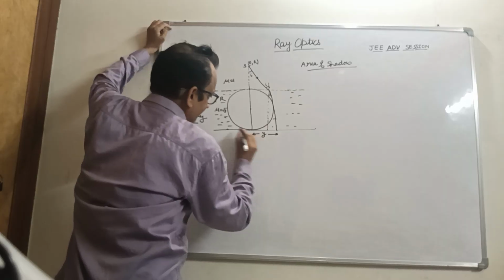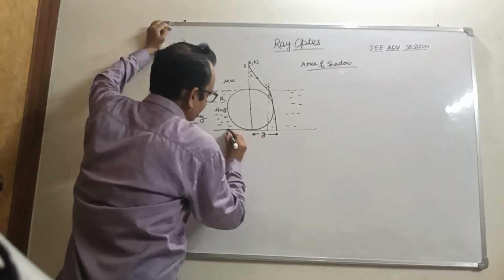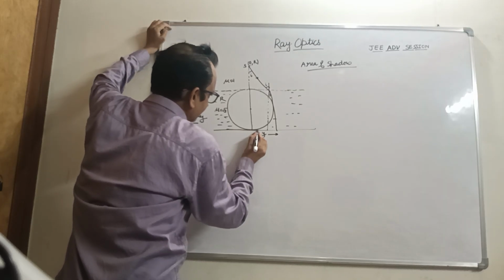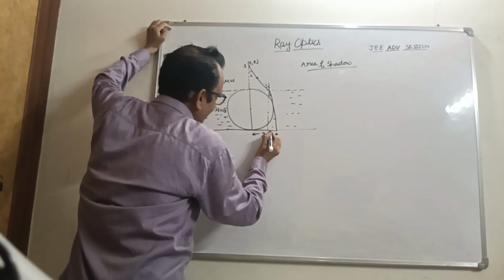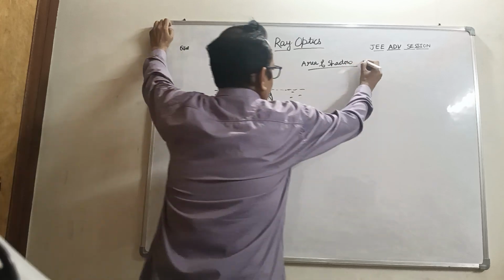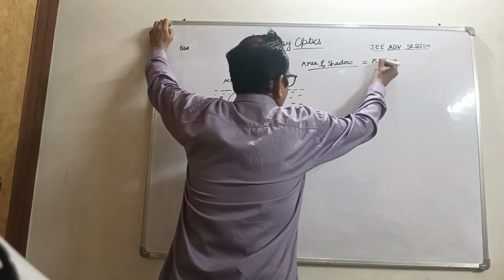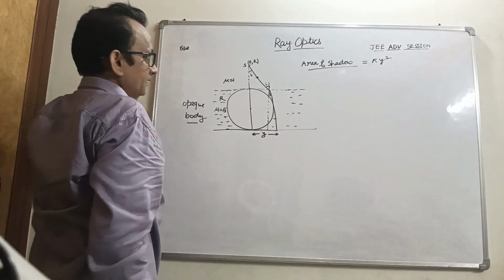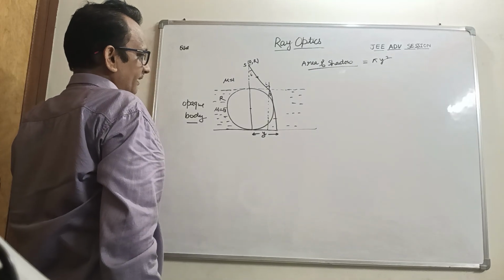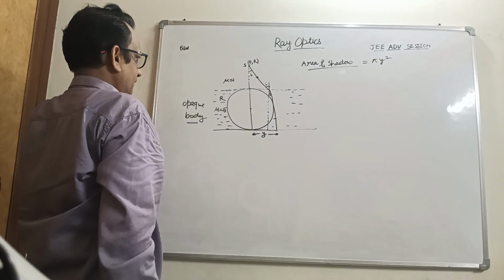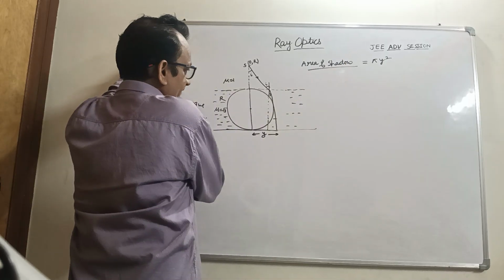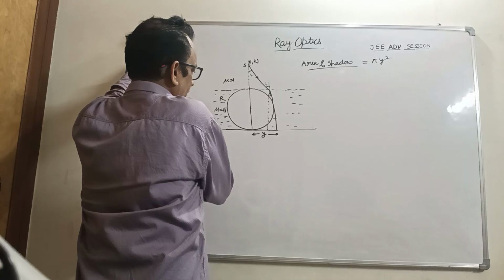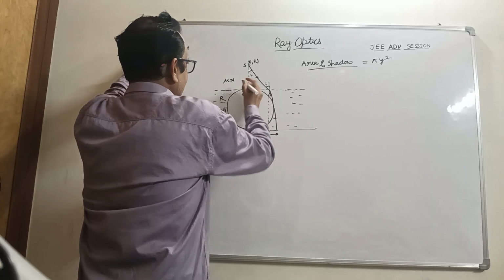So from this region to this region, this radius y makes the shadow. So the area of the shadow would be pi y square. Area of the shadow would be pi y square. So we have to find the value of y. So write here the value of y.